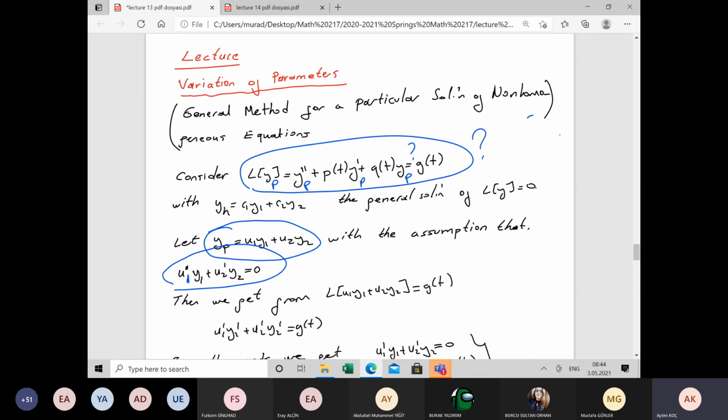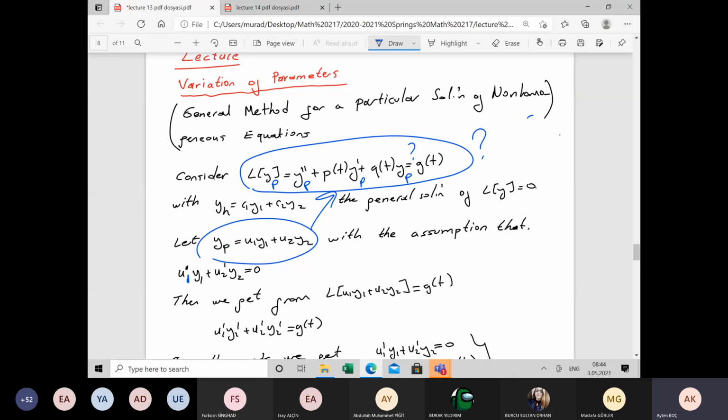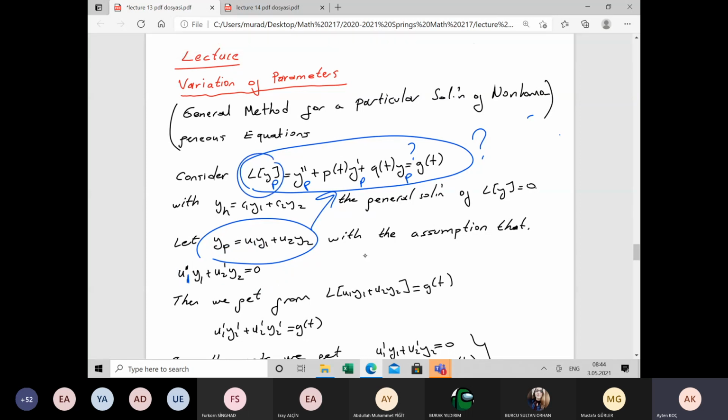Here we claim that y sub p should be this one, so substitute here, and we obtain L of u1 y sub 1 plus u2 y sub 2 equal to g of t. So compute y p double prime and y p prime and write them here, so this should be g of t.